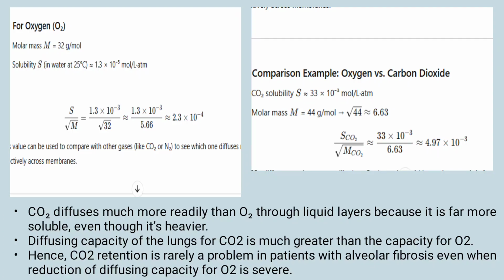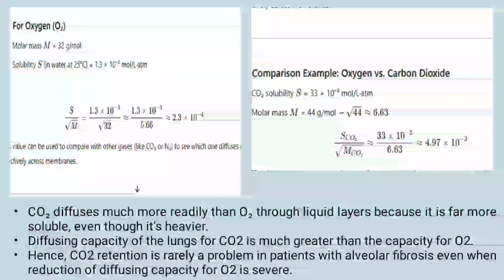So as the solubility is higher, carbon dioxide diffuses much more readily than oxygen through the lipid layer because it is far more soluble, even though it is heavier. Now, the diffusing capacity of the lungs for carbon dioxide is much greater than for oxygen, and hence, what is the clinical importance?